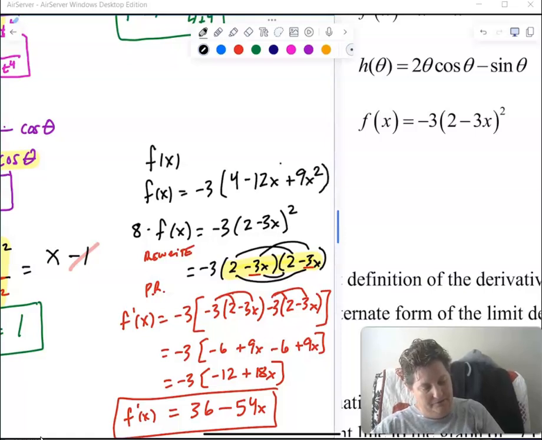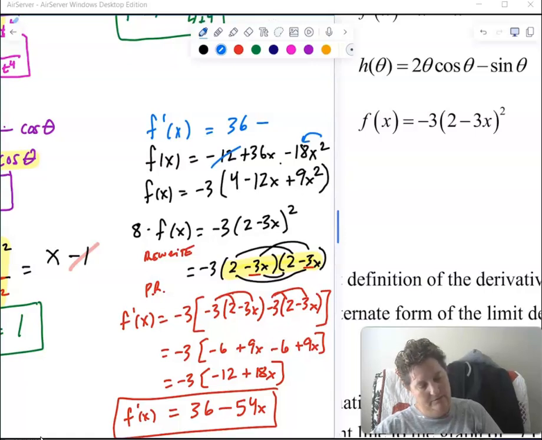If I distribute through the negative 3, I get negative 12 plus 36x minus 27x squared. Now, if I take the derivative, that goes away. I get 36 minus 18 times 2 is 36x.